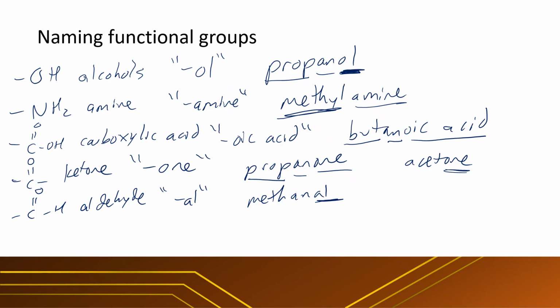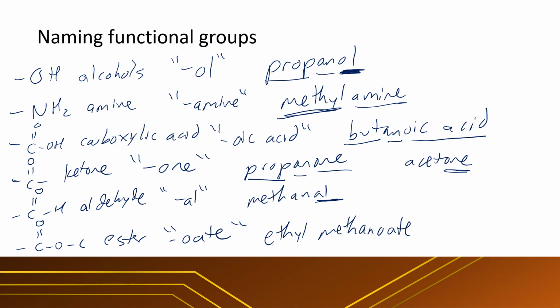And then our esters, C double bond O with another O in the middle of a compound is an ester. And esters have oate somewhere in the name. It should be at the end of the name. So like we might have ethyl methanoate would be an example.